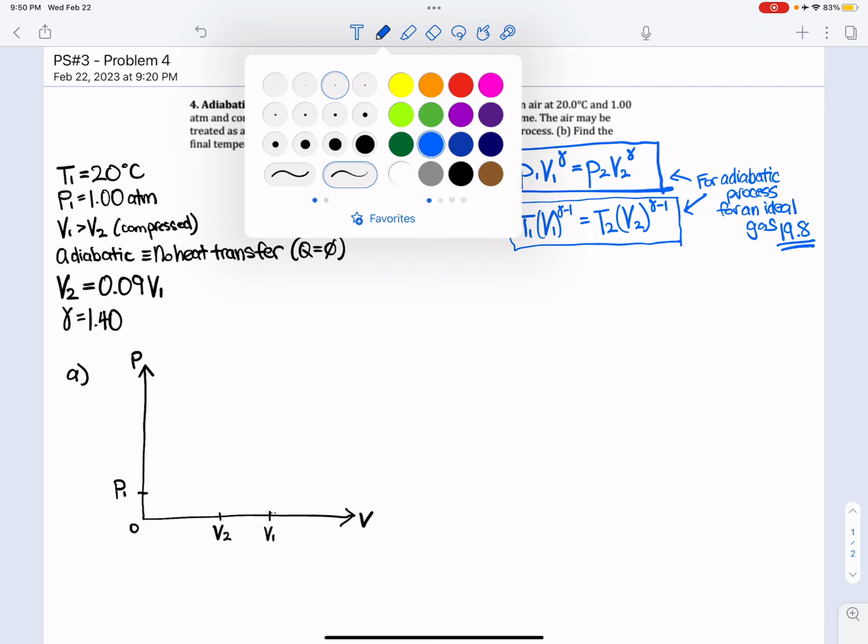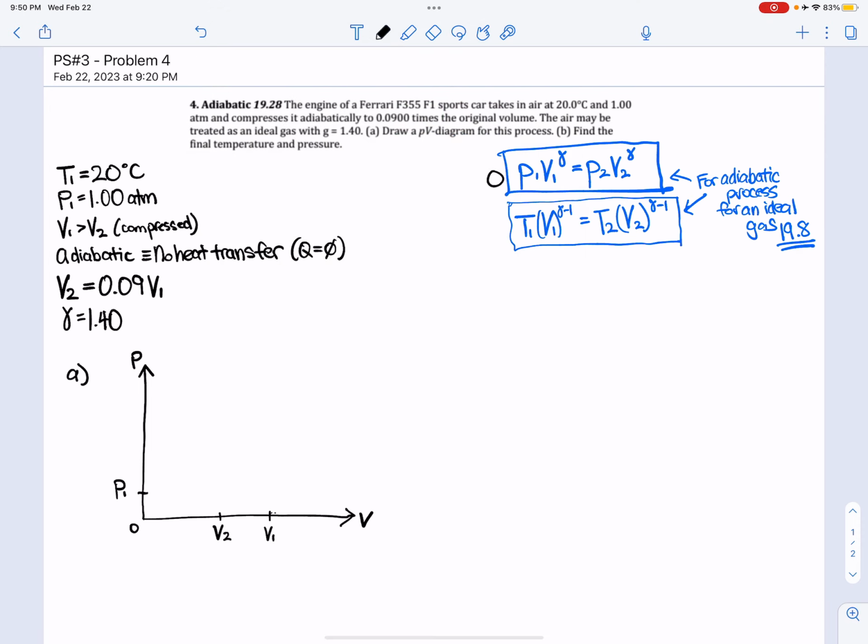So I'm going to use this first equation to find my final pressure, because I don't know the final state pressure. I know my P1. So if P1 V1 to the gamma is equal to P2 V2 to the gamma, my P1 is 1.00 atm.